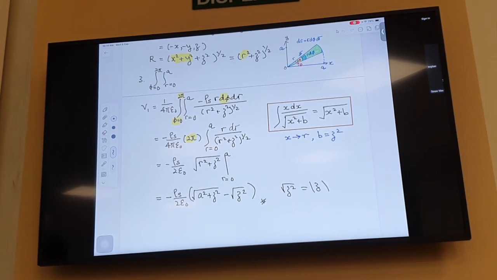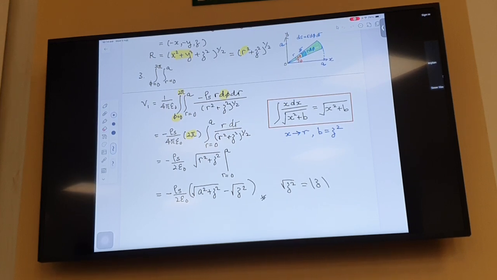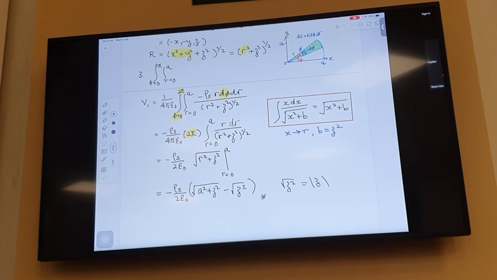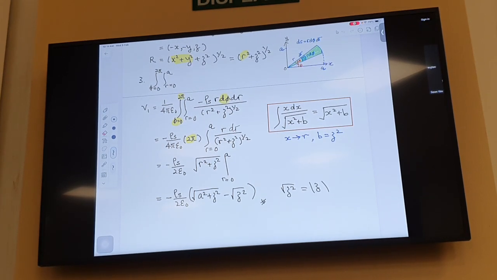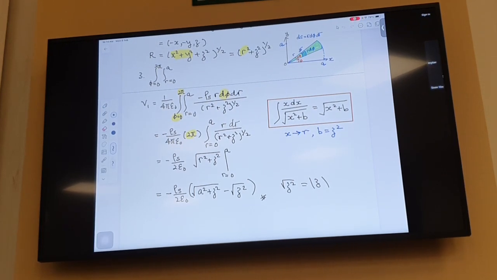Square root of z squared is how far the bottom plate is from the field point. Then depending on whether z is, let's say 0, 0, 2 meters above, z will be positive, so it will be equal to z. If you are at the bottom, 0, 0, minus 2, this will be minus z. To make it more compact, you can write modulus of z. Always take the positive sign.